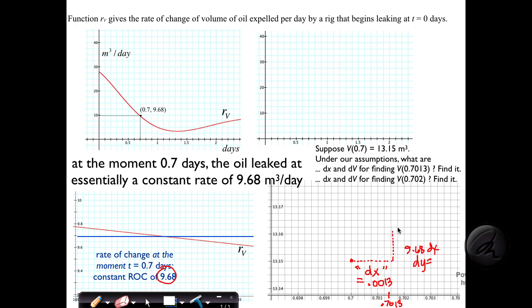What was that? 13.15? Now this is not what the volume of oil is that's leaked. Oh, that's the new 13.15, and then plus 9.68 times 0.0013. What does that add to?